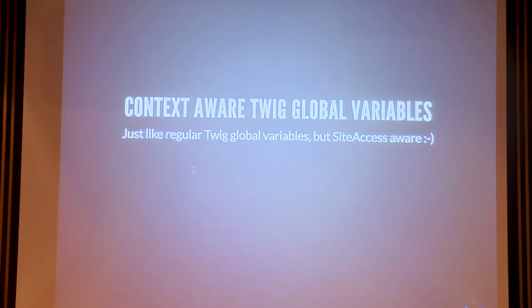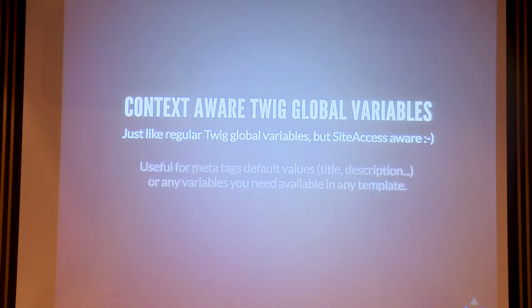The second type of injection is context-aware twig global variables. I guess you already use twig global variables, don't you? Yeah? Okay. So this is exactly like twig global variables, but siteaccess aware. That can be useful for meta tags, default values, stuff like that, if you're using a multi-site environment.